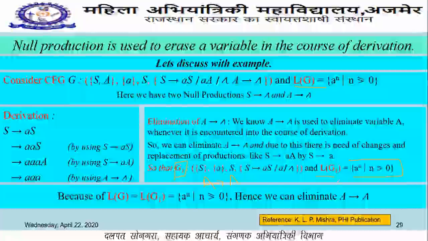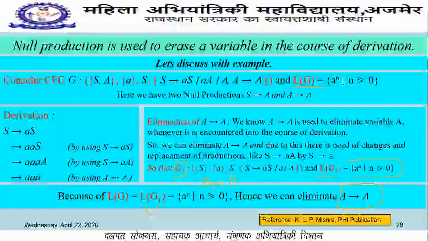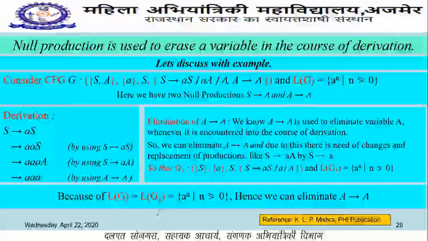So here we have seen that elimination of the A null production does not affect the language of the simplified grammar, because both are the same. But still our simplified grammar G1 has one null production, S tends to null.